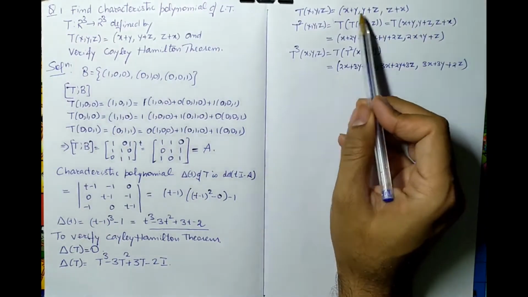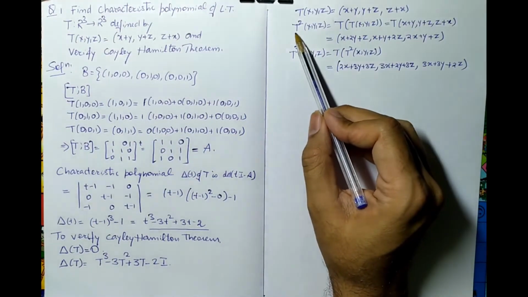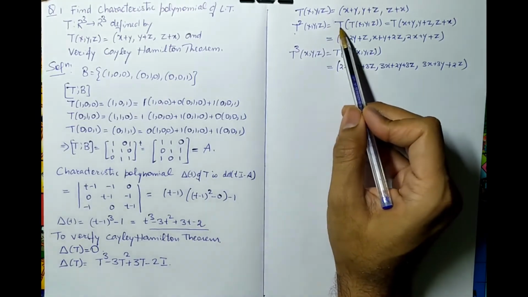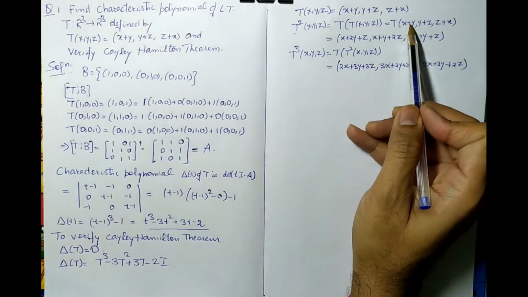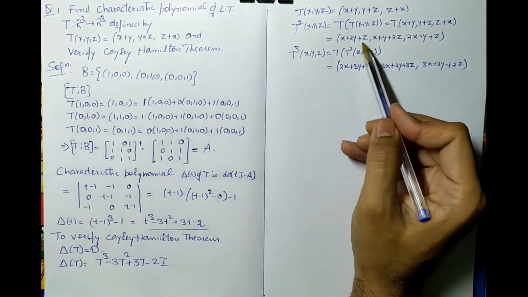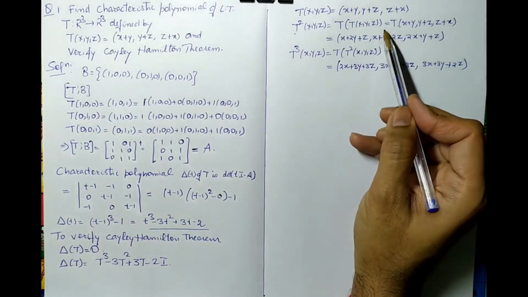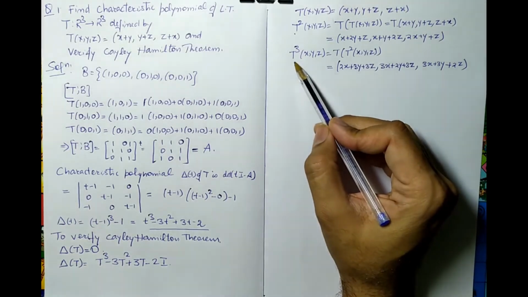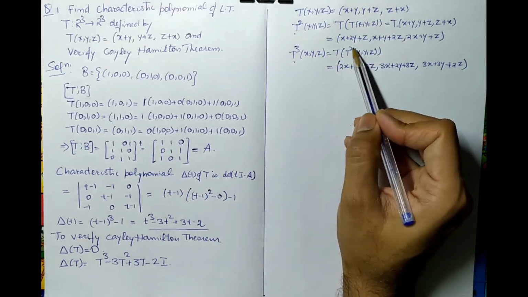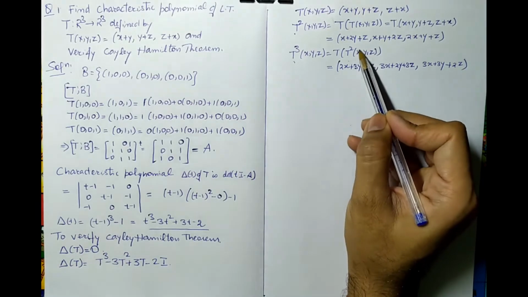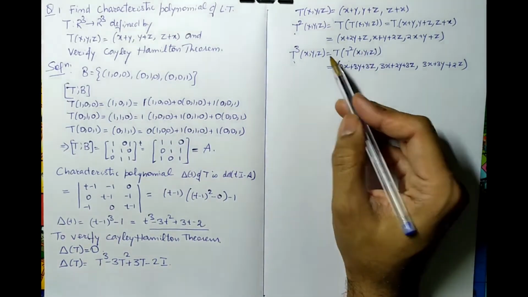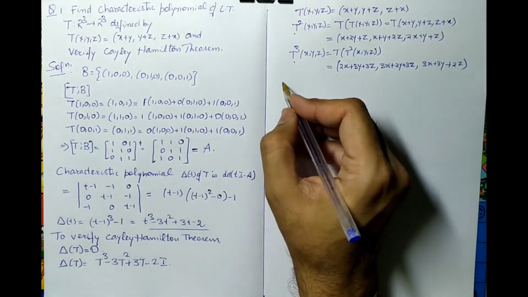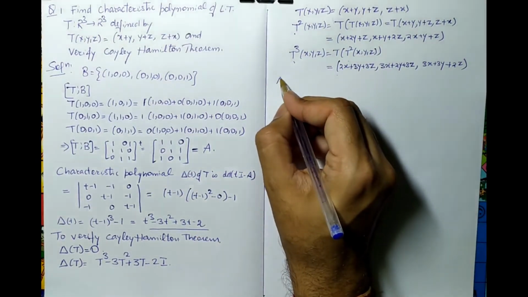From this T we can easily find T square by taking T of T(x, y, z), putting T(x, y, z) here, then again applying the transformation on this, we get this, and repeating the same procedure to find T cube. T cube is T of T square, so putting this value here and again applying T on these terms, we get this.